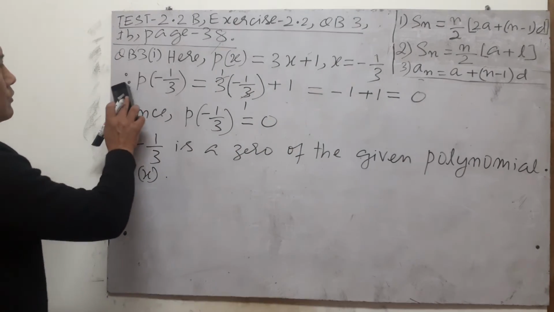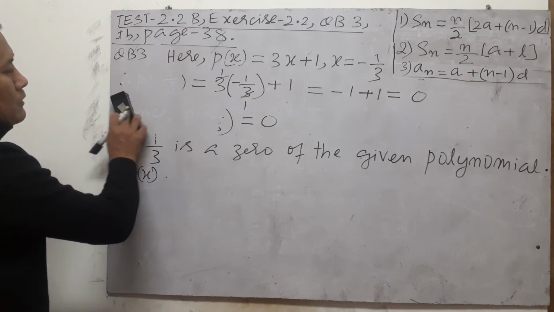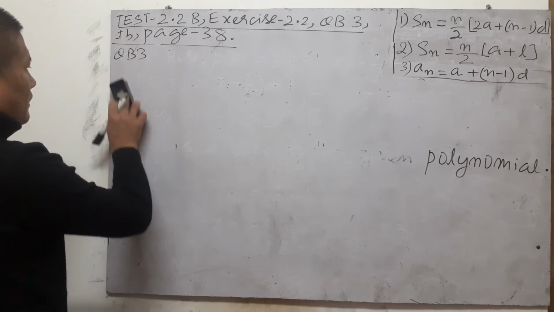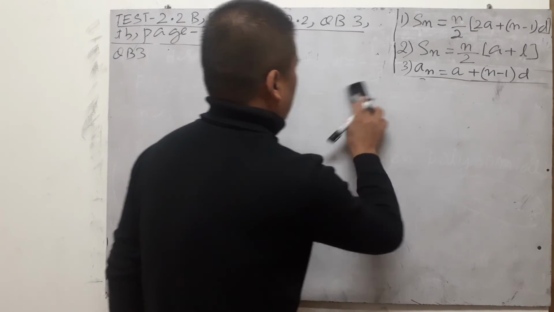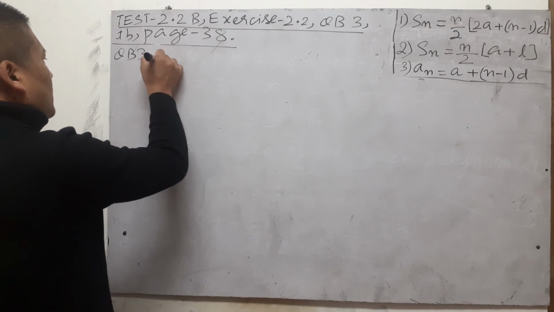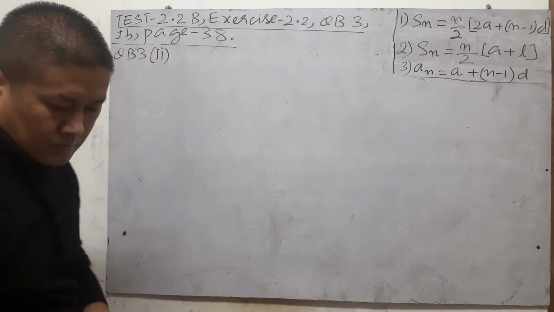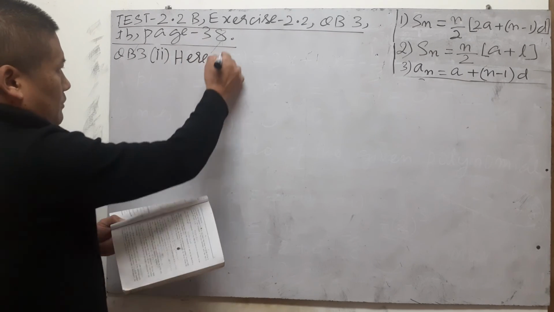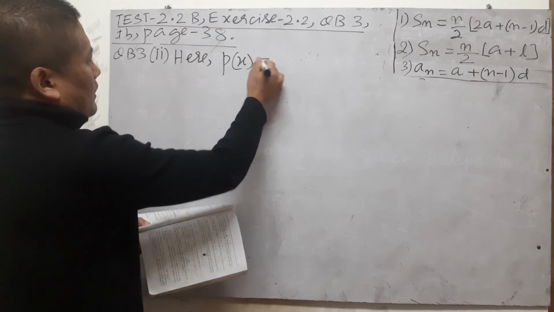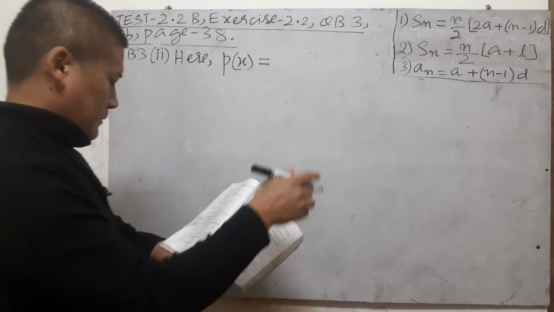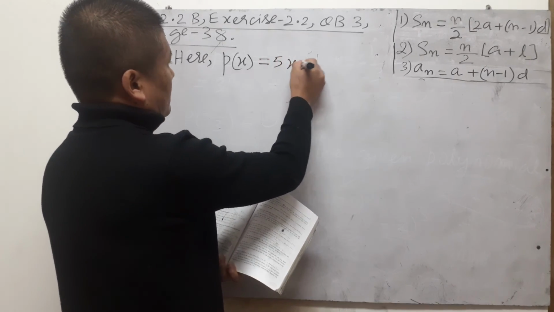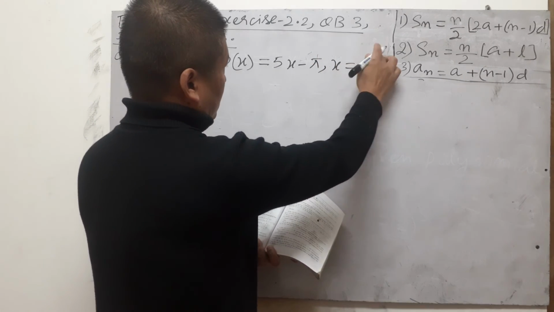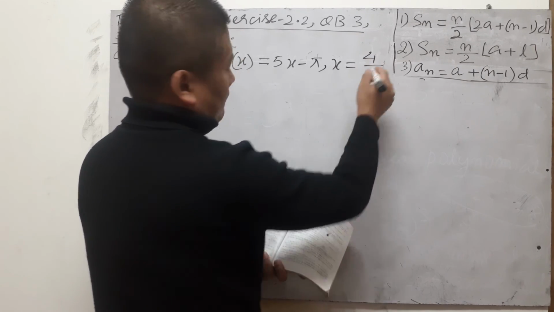And let us go to 2. Second one. So here, subheading 2, question number 3. Here, clearly given to us is P of x value given as 5x minus pi, with x value mentioned as equal to 4 divided by 5.